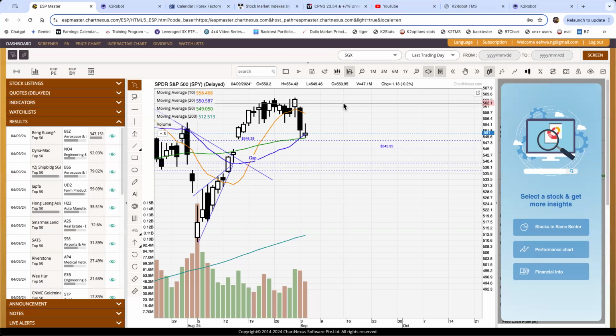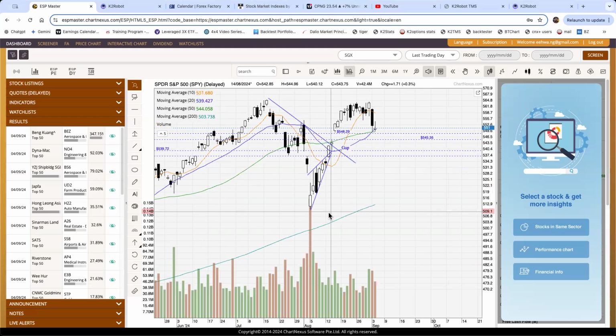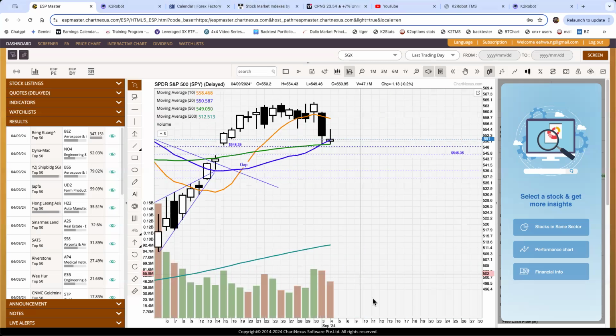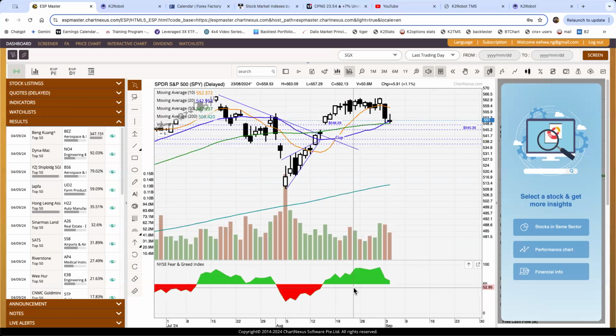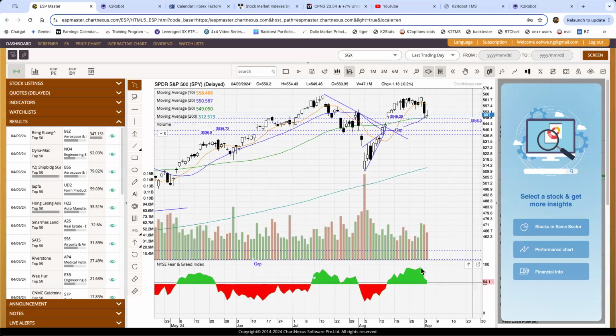Okay, so that is for SPY, and let us address this important week. Before we talk about the important week, we talk about the fear and greed index. You can see this fear and greed index that we developed. We have got a lot of room for downside, guys.